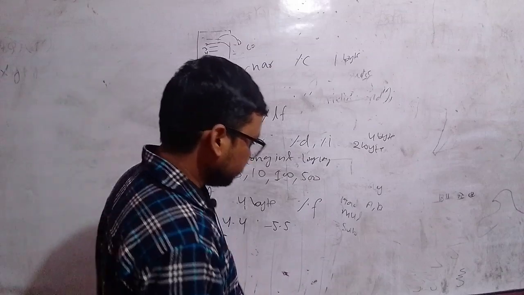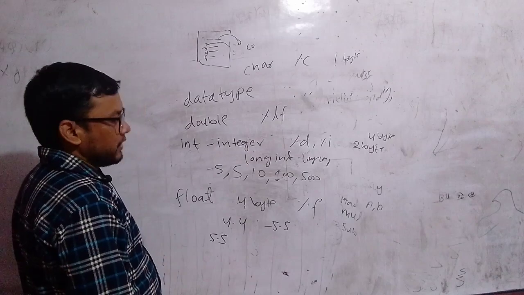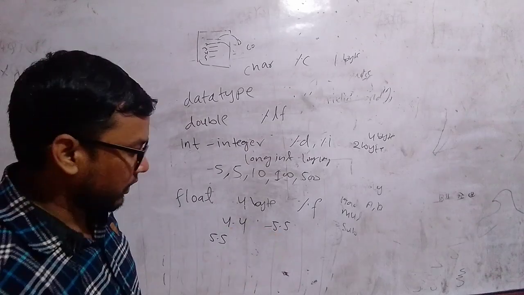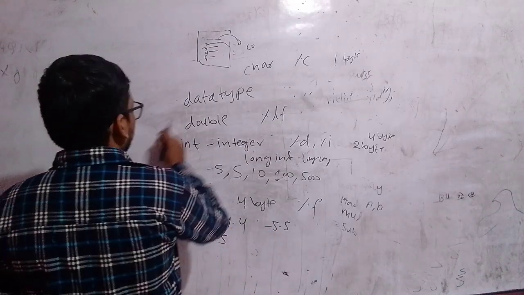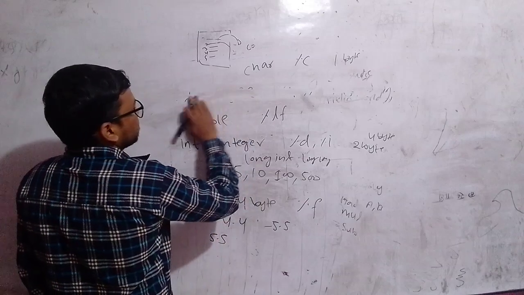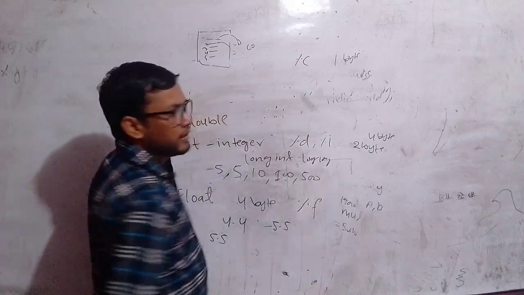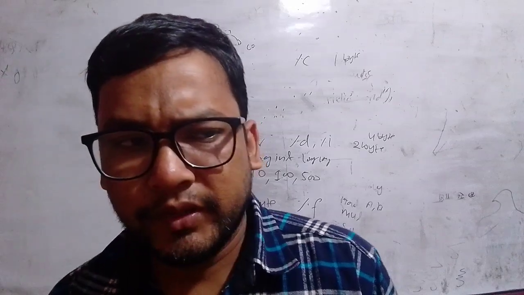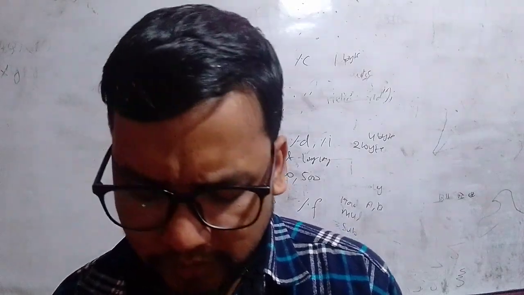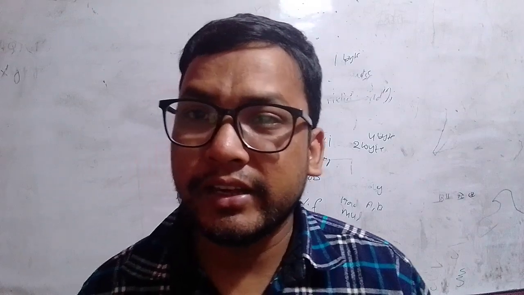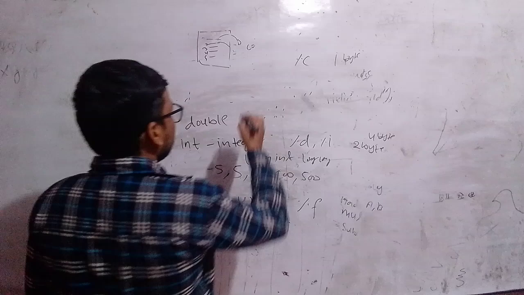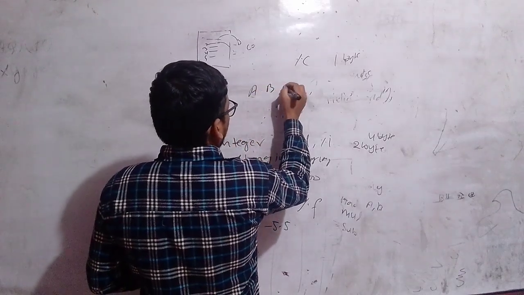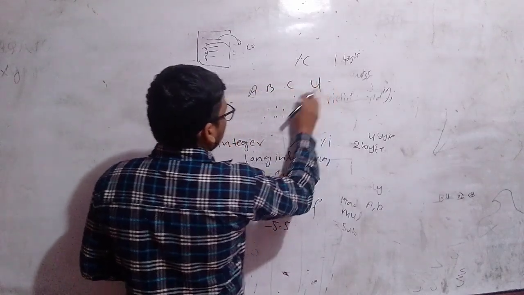Now, variable. Let's study the variable. We have studied the data type. Data type tells which type of data we are using. For example, either it is integer or float or character. What is the character? Suppose A, B, C, 4 could also be a character.